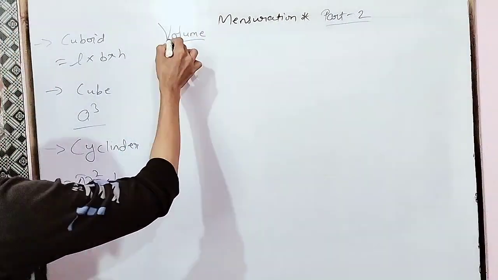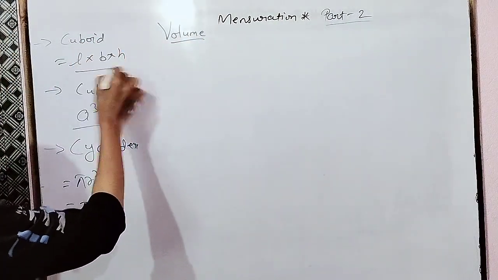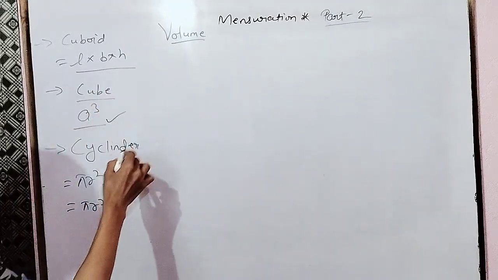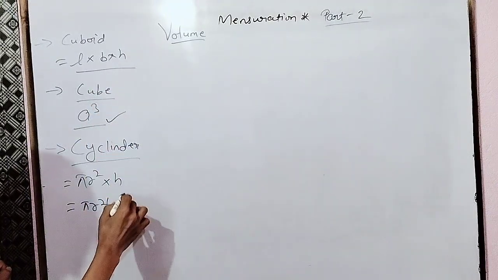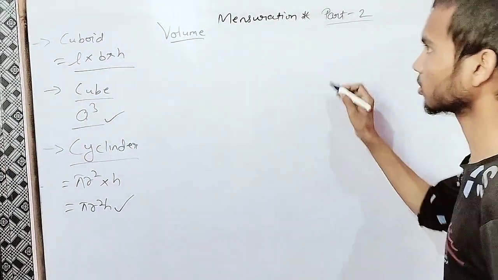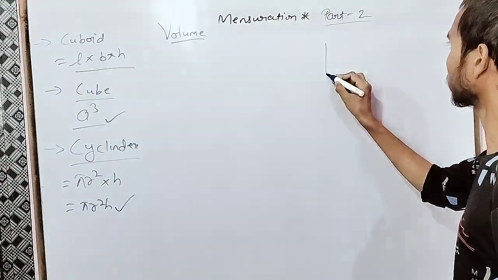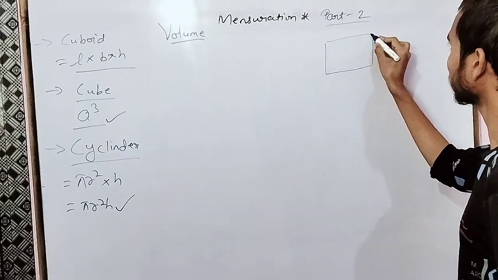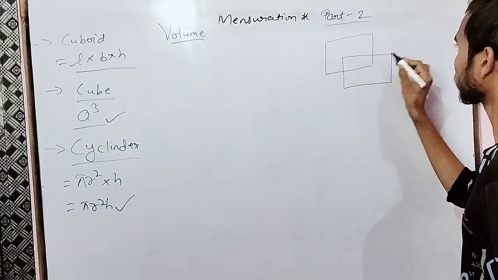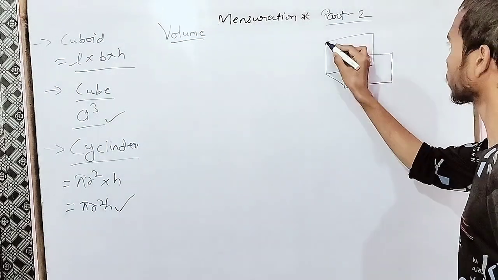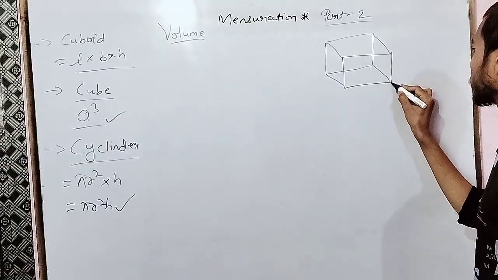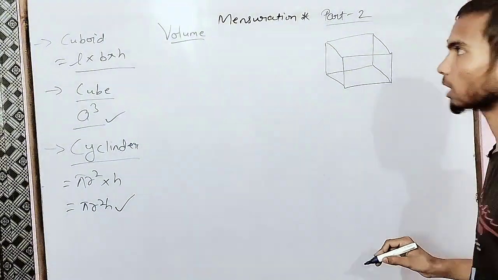Remember, to find the volume of a cuboid, we will apply this formula. To find the volume of a cube, we will apply this formula. To find the volume of a cylinder, we will apply this formula. This is a cuboid, in which there are six faces, all in the shape of a rectangle.